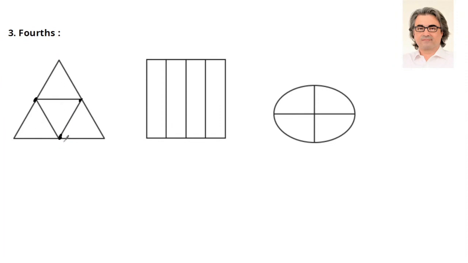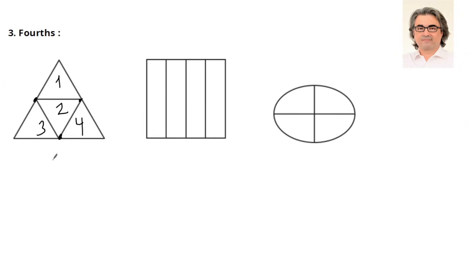Now I have 4 triangles. If these are midpoints, then these 4 triangles are equal to each other. Let's denote them with 1, 2, 3, and 4. Each of these 4 equal triangles is 1/4 of the whole picture.